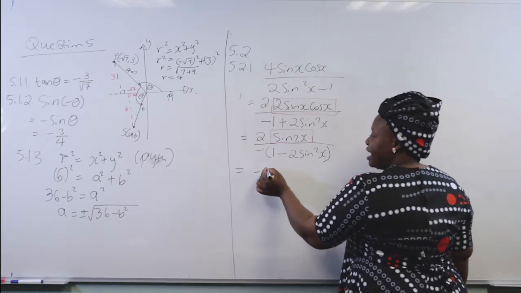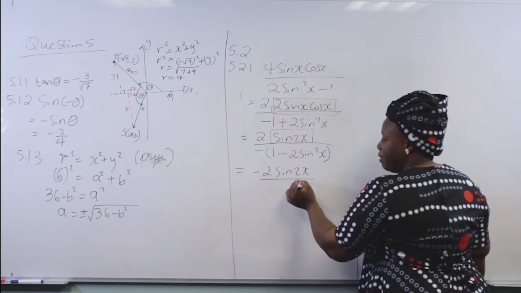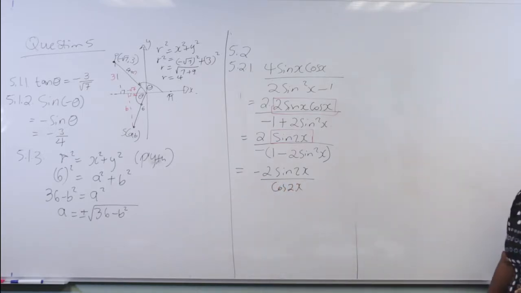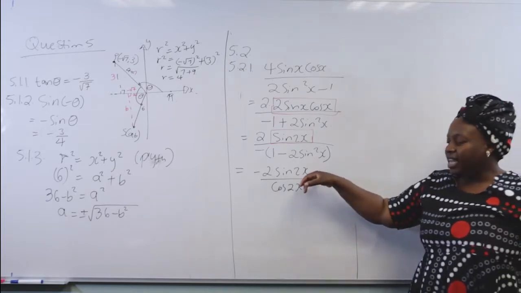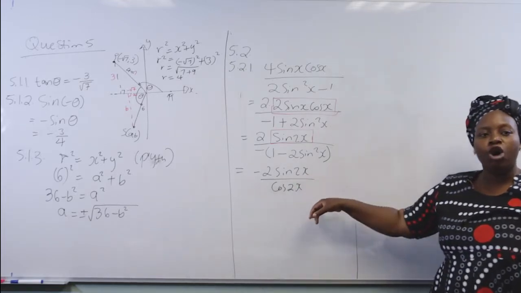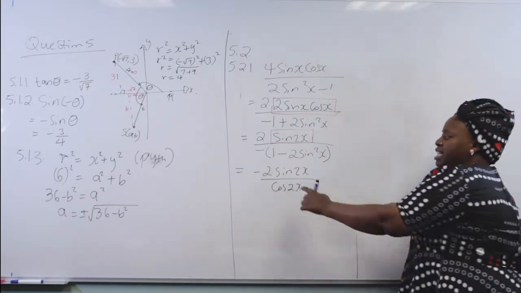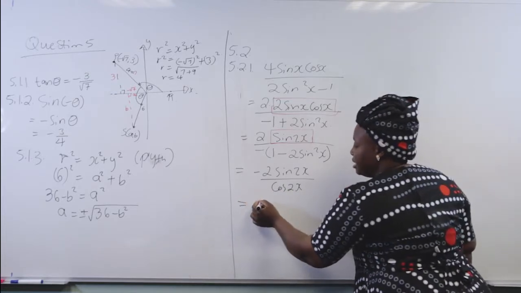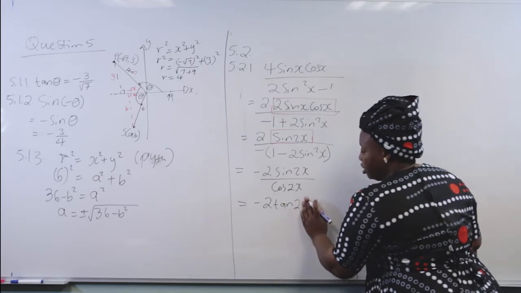I'll have a negative 2 sine 2x divided by cos 2x. Can you see I'm leading to what I want? Because according to the identities, sine of an angle divided by cos of the same angle is the same as tan of that angle. So sine 2x divided by cos 2x will be the same as tan 2x.